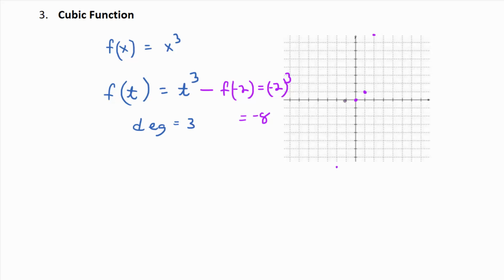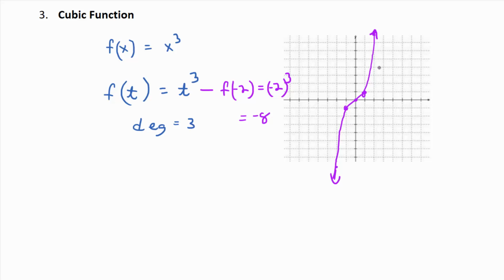If you cube negative 1 times negative 1 times negative 1, you also get negative 1. Okay, so connect the dots in a nice smooth curve. Close enough. And that's the graph of the cubic function.